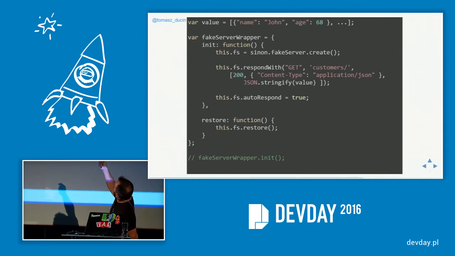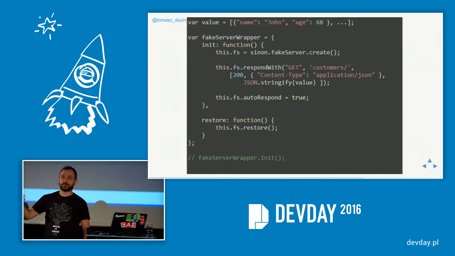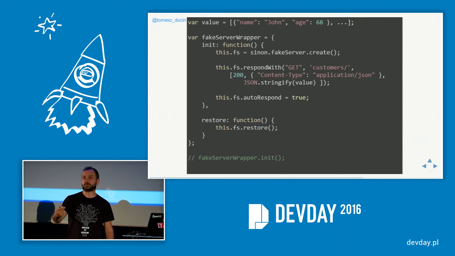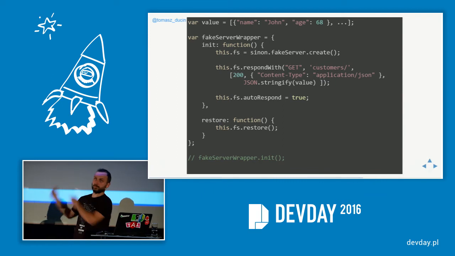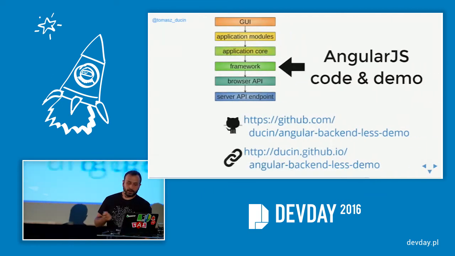So when we have get customers, we respond with 200 OK status, content type application JSON, and basically we stringify the JSON value. And that's all we do, right? From that point, if we do have this code in the browser, no Ajax is going to be shot. Nothing is going outside the browser. So this is the simplest example you can have.